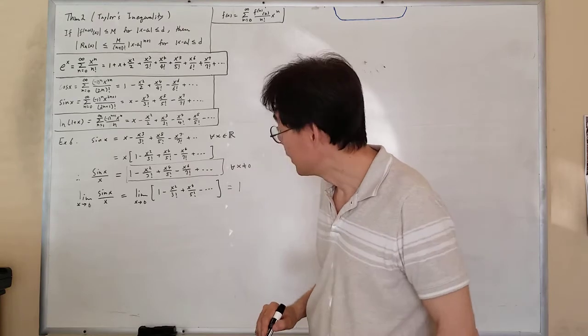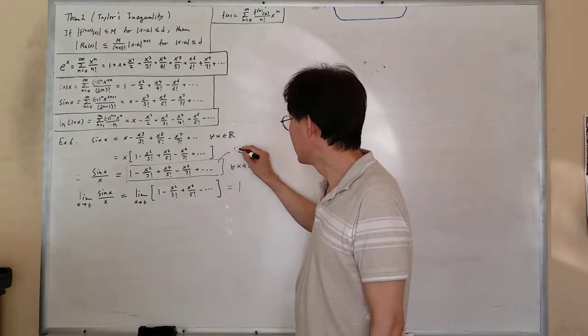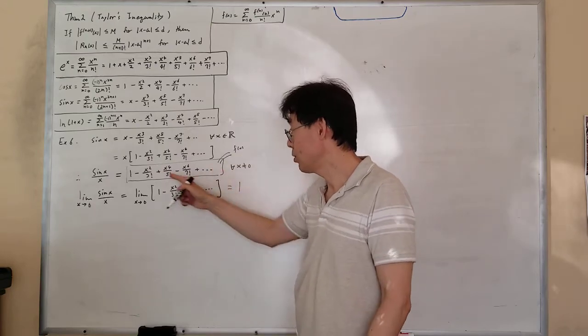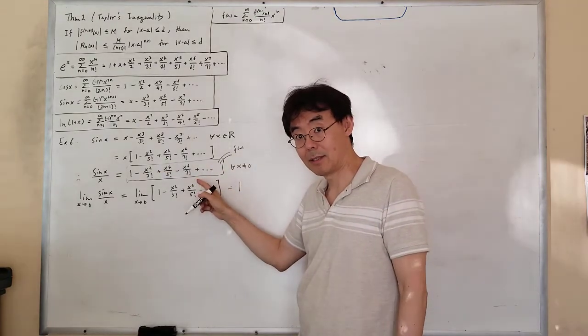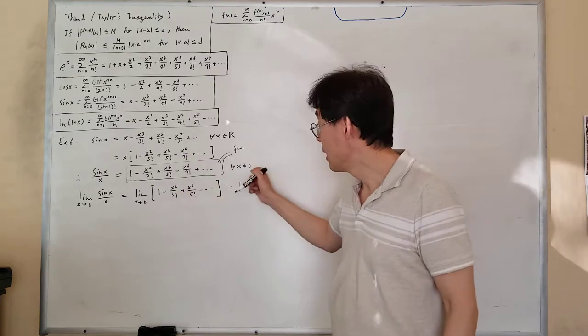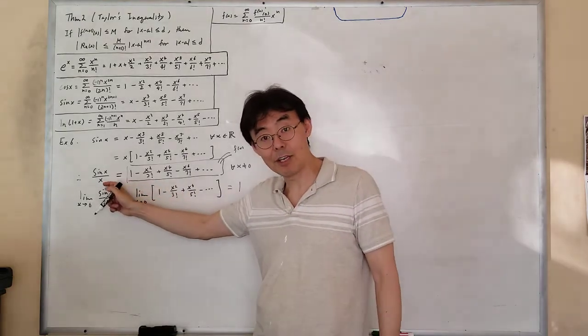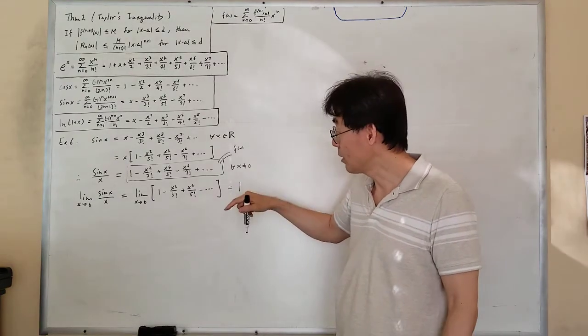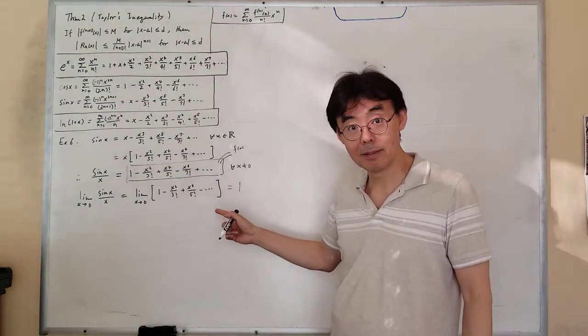Okay? So, let's say this is f of x. Your f of x, a function this one is representing for all real numbers x, is the same as sine of x over x, as long as x is not 0. When x equals 0, this value will be 1.